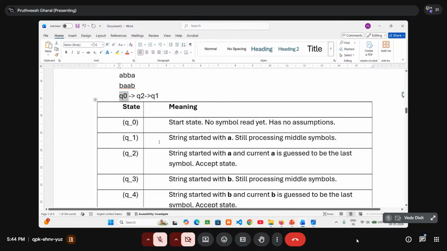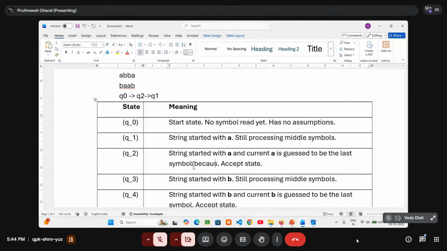When you start with Q0, we know that the string started with A. And because we encounter an A, this will be the last symbol.